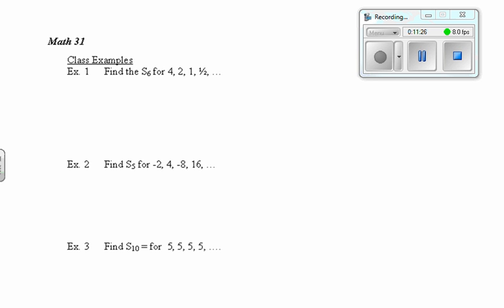S6. All right. What would S6 be for this? A quick analysis shows that our first term is 4, and our r, common ratio, is, class, 1/2. Since this is a finite sum, and get this, the formula for finite sums is actually a bit more complicated than the one for infinite.